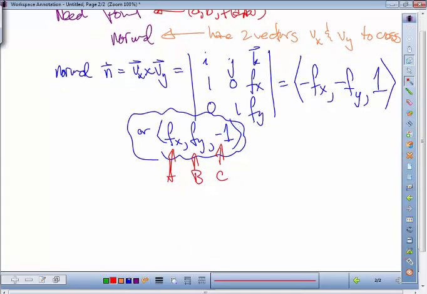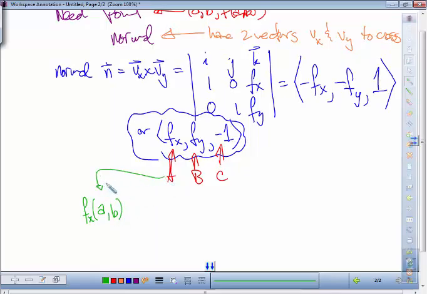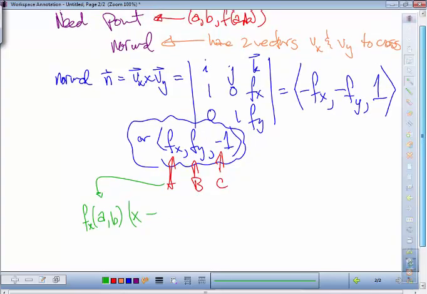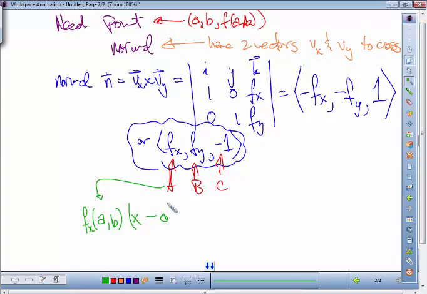All right. So what we have now is fx, and I'm going to put the full notation here with a and b that you're going to put in. So fx evaluated at a and b. So that's like your first component of your normal vector times, what was it again? x minus x naught. What's our point? Our point is a, b, and f of a, b, right? So x minus a.